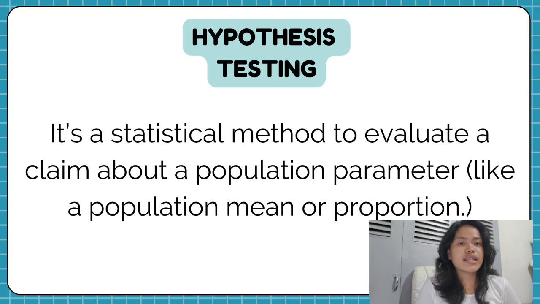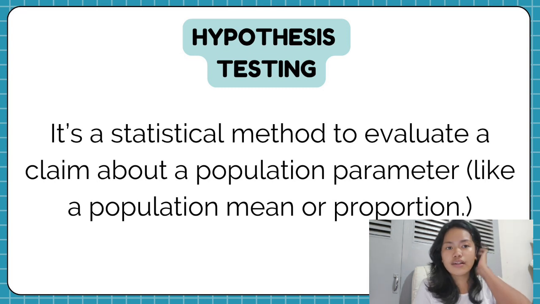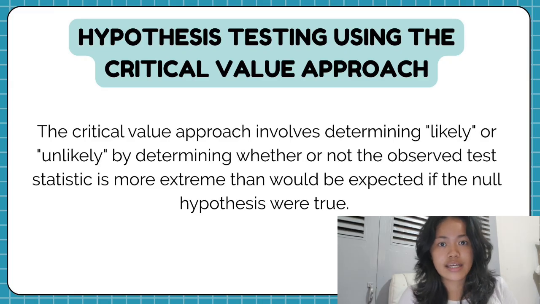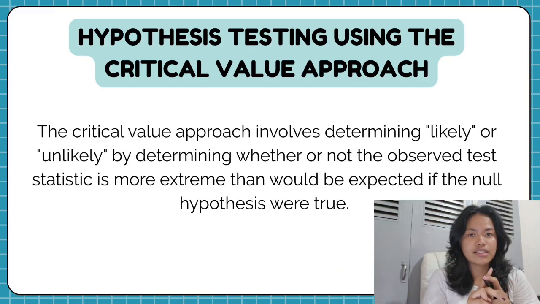So to get started with the steps of the critical value approach, let's start with an example. Imagine a company that claims that their new cell battery lasts for 10 hours. To test this, we collect sample data and use hypothesis testing to see if the evidence supports the claim or disproves it. We always start with two hypotheses.